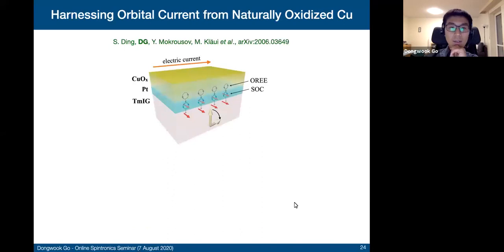So interestingly, from this idea, Shilei Ding from Mathias Kläui's group in Mainz performed the experiment with surface oxidized copper.